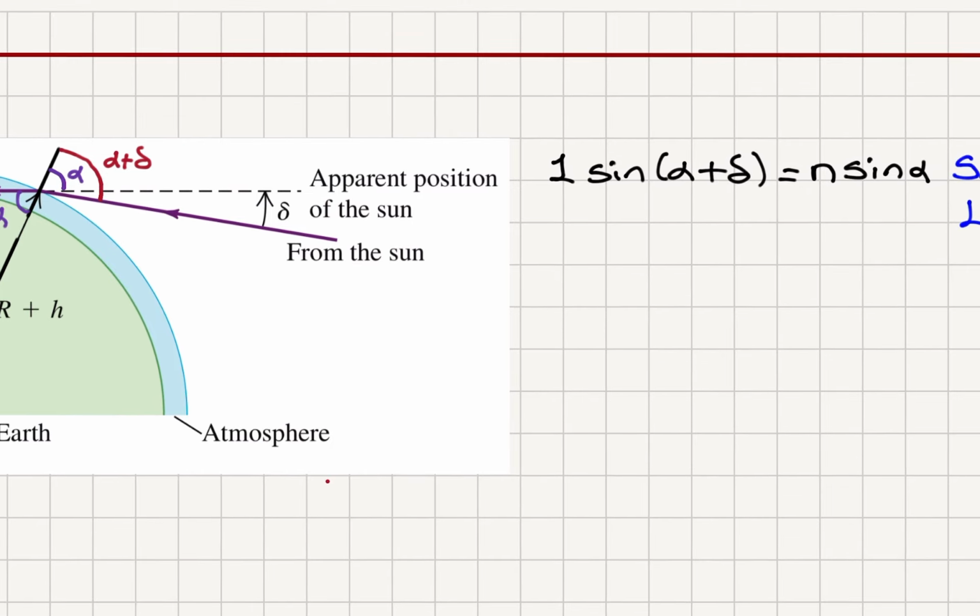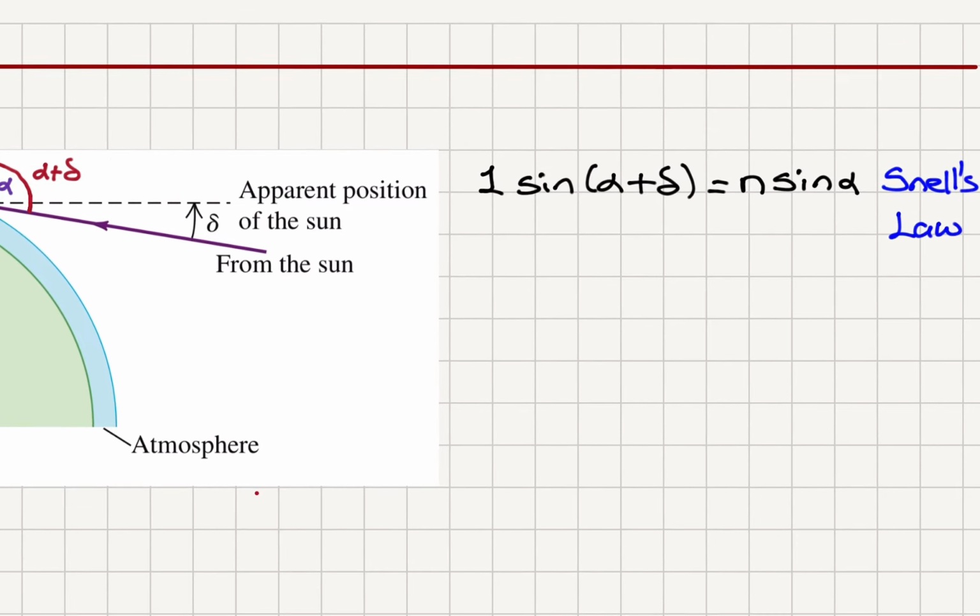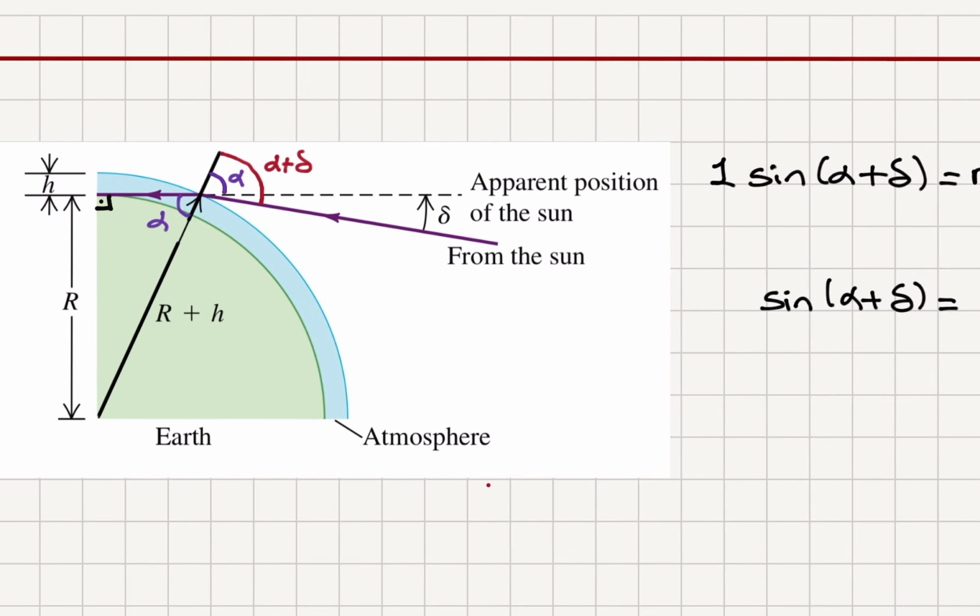So from this equation, I can read that sine of alpha plus delta, the deviation angle included, is n times sine alpha. But what is sine alpha? We can see from this right triangle here, sine alpha is r divided by r plus h.